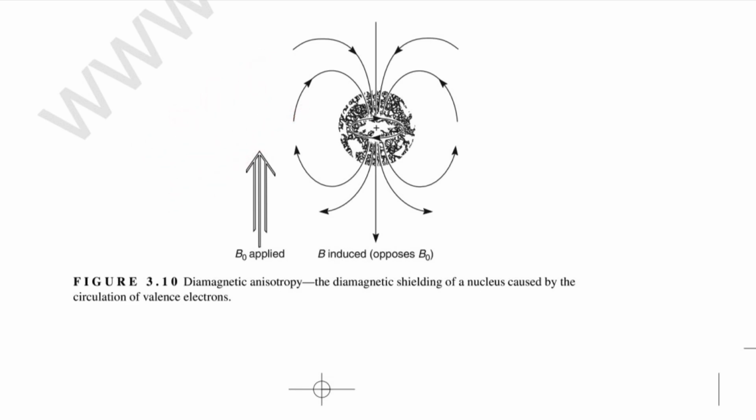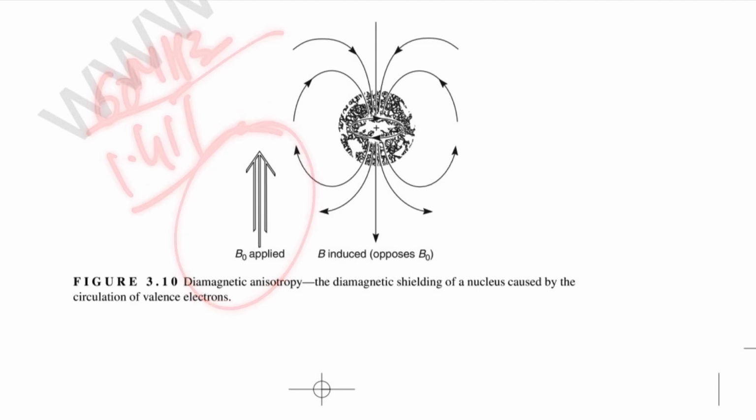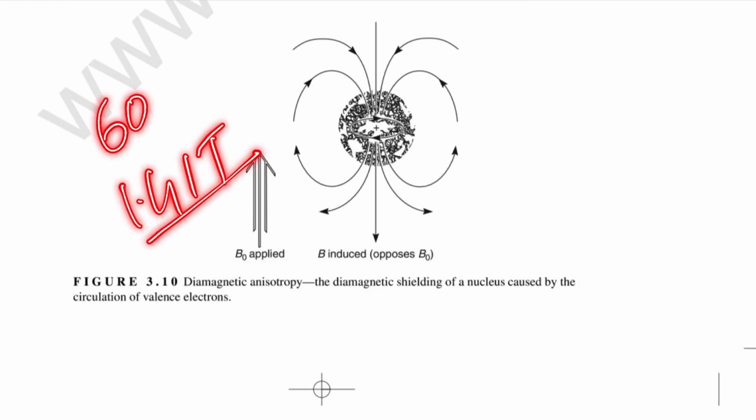So it means the electrons will affect this field, and not all the protons will flip into the excited state because they are not feeling exactly 1.41 Tesla or 60 megahertz frequency. So now what is our point of discussion here? Either we increase or decrease this magnetic field, or we decrease or increase this frequency in order to do the flipping.